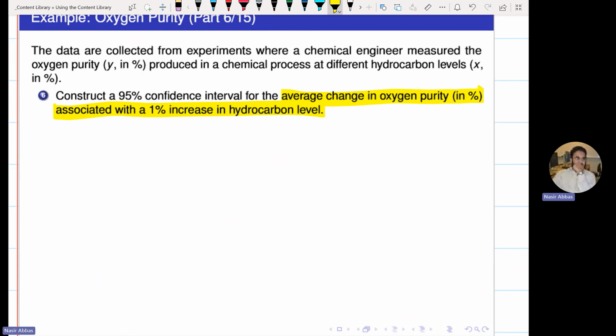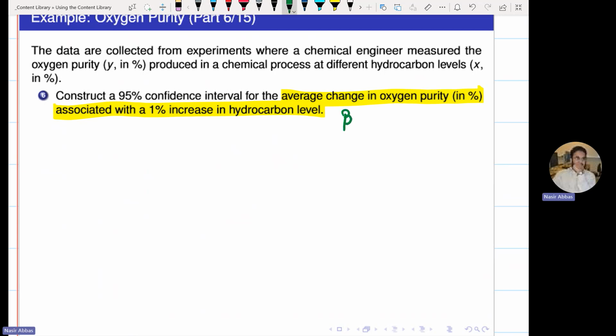So you need to read the yellow highlighted part and see what it is. The yellow highlighted part is the average change in Y due to a unit change in X, which is the slope.